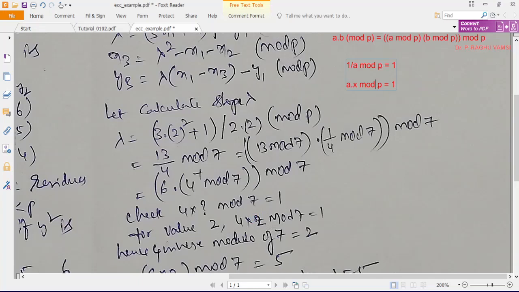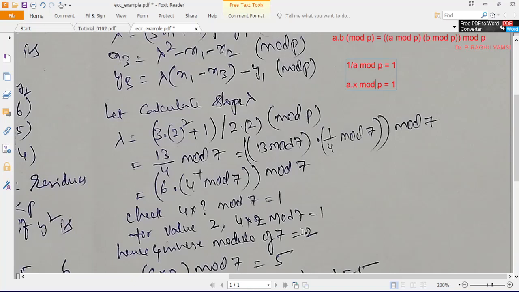For which value of x do you get 1 when you take modulo 7, that is what you are supposed to check. Here for the value 2 you get 8, and 8 mod 7 is 1. These are small numbers, so you can simply multiply and check it. But if you take a large value, it is very difficult to identify which value gives the modulo result 1.